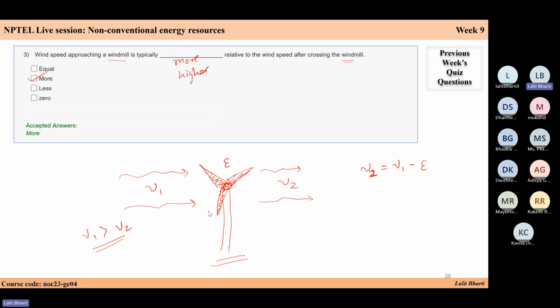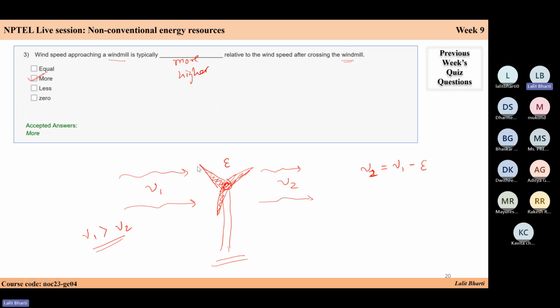From our previous discussion, we also know that some part of this wind energy will be absorbed by the windmill. So depending on the efficiency of the windmill, let's say E is the efficiency, your V2 will be V1 minus the efficiency, and clearly your V1 will be higher.